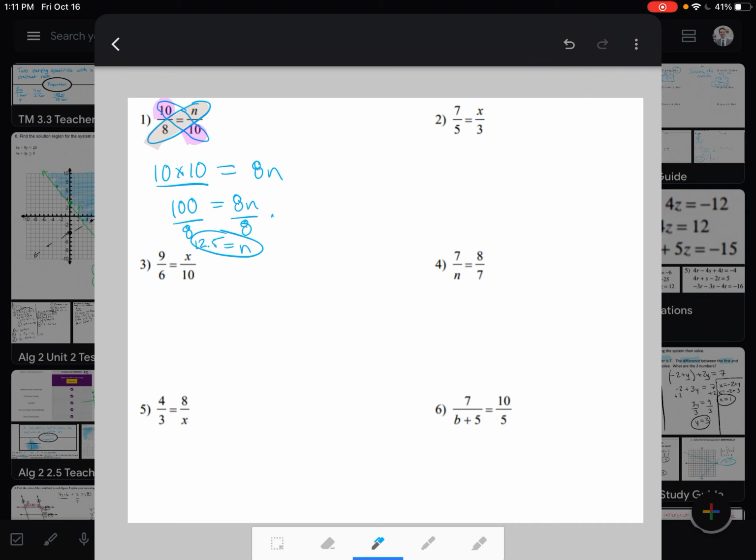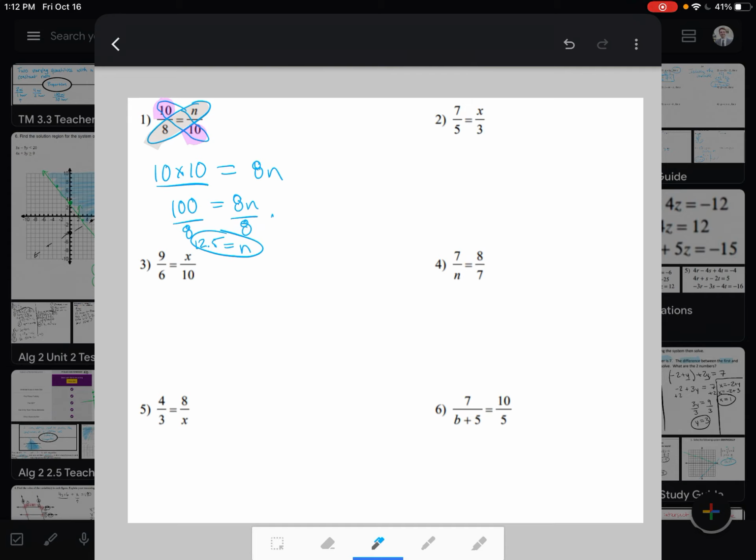Let's double check here. If we divide 10 by 8, we get an answer of 1.25. If we divide 12.5 by 10, that also gets us 1.25. So we kept our proportion constant. That's why we know that our n value does have to be 12.5.